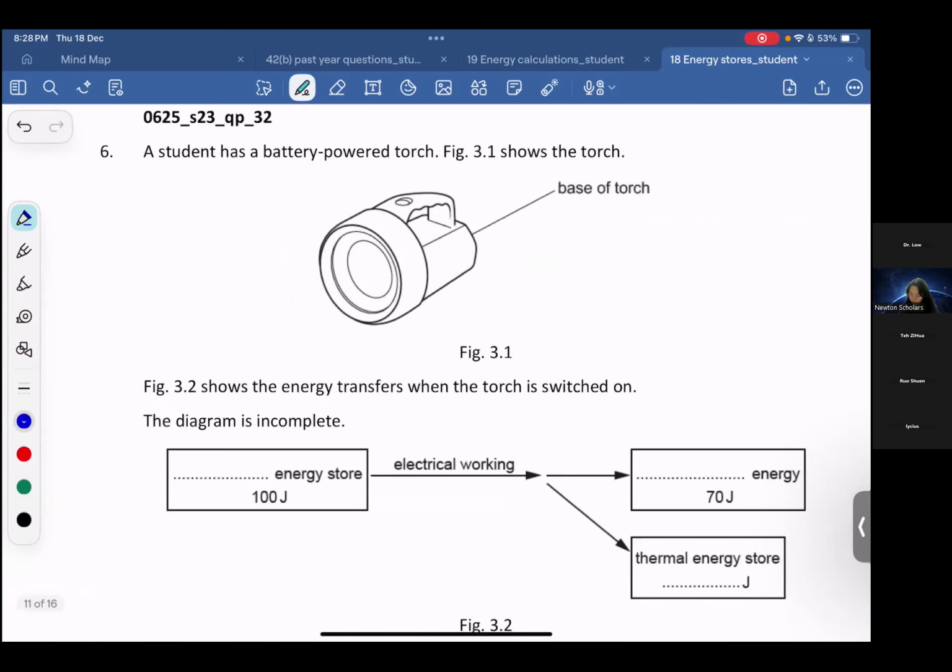Like boys and girls, this is a simple question. Battery power torch. This shows the energy transfer when the torch is switched on. So starting, what kind of energy store? Starting energy store is, what do you think?